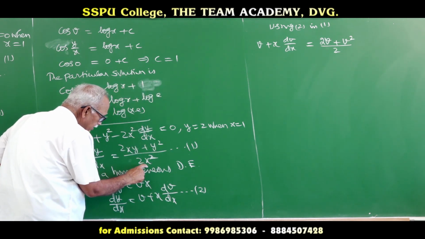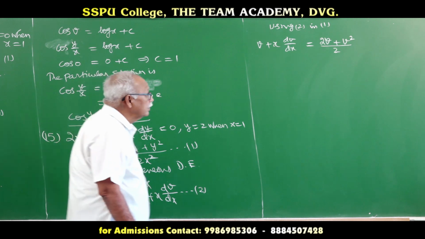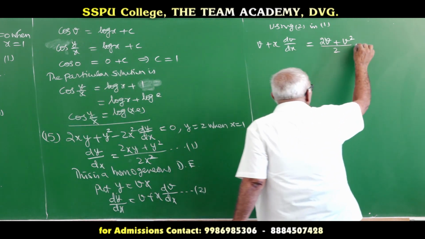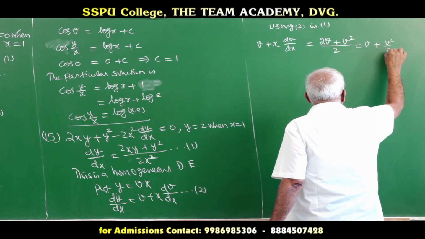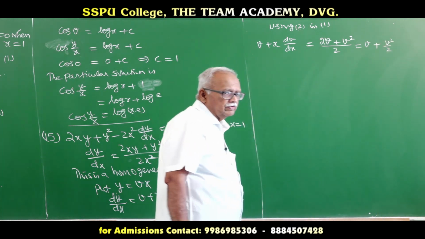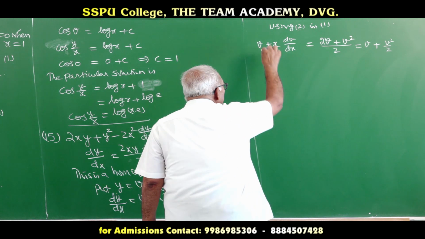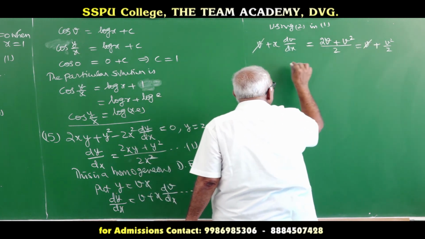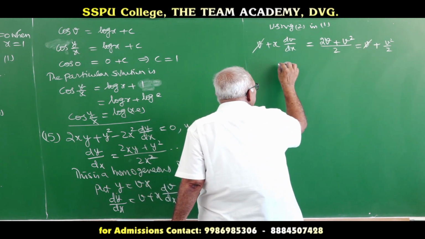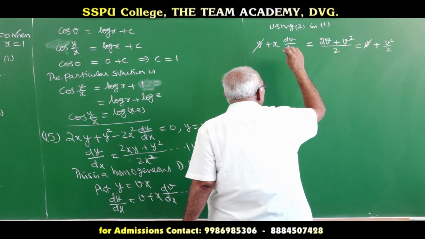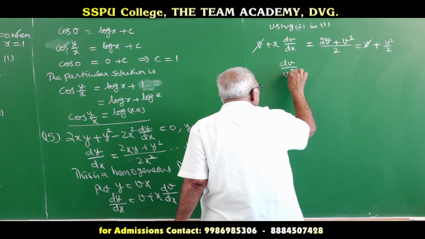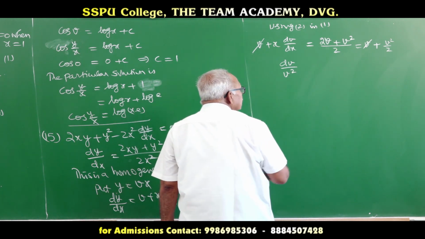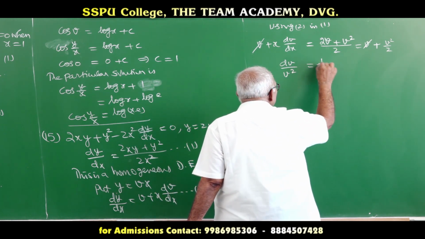So, x square cancels, 2 will be remaining. So, what is this? V plus V square by 2. So, V cancels.